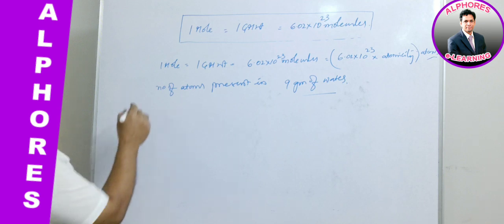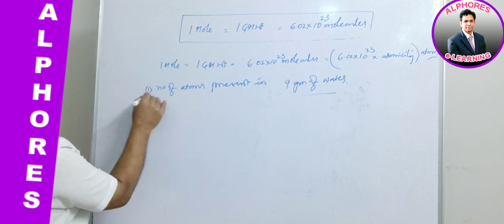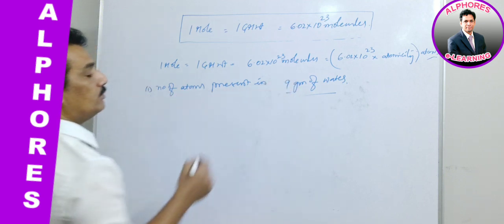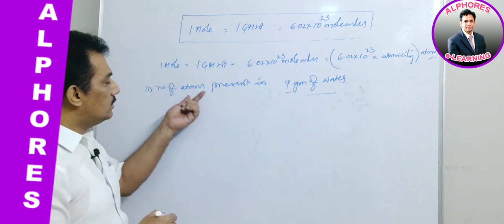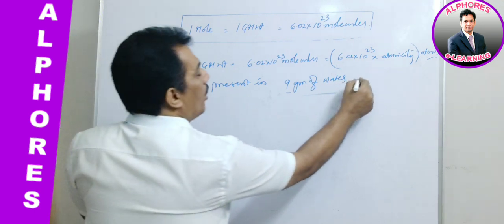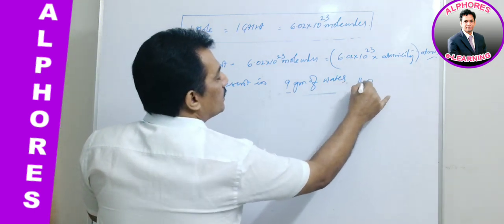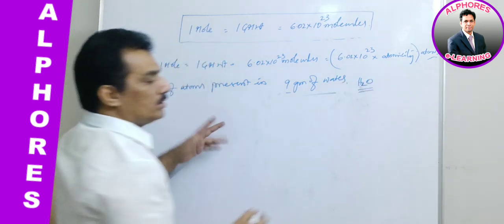Here the question is, first one is number of atoms present in 9 grams of water. That means number of atoms here you can consider all these elemental atoms, that is hydrogen atoms as well as oxygen atoms.